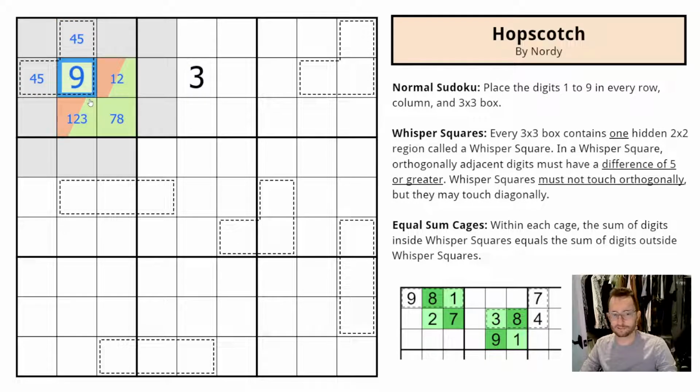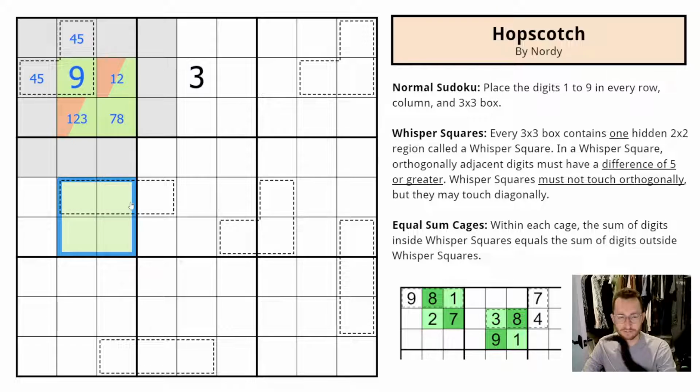And now we can look in a couple different places. We can see what's going to happen in this region or this region, because they're affected by where this is placed. And I'm going to go here because we're restricted on where we can place the whisper square now. So we're thinking about where to place it.